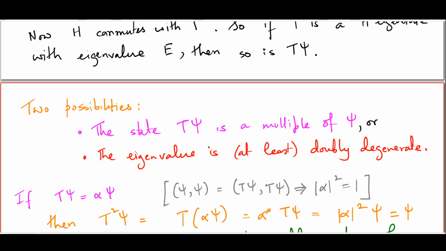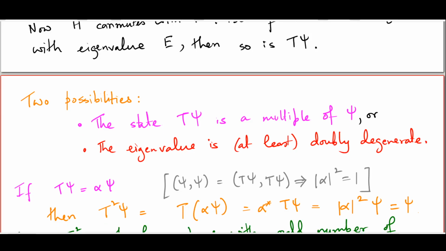Now consider the situation that we have talked about just now: a system with an odd number of half-odd integer spin particles. Then, if T psi is actually a multiple of psi, that is, T psi is alpha times psi, remember that because T is anti-unitary, which is also norm-preserving, T psi must have the same norm as psi, and that leads to the conclusion that this alpha must be a pure phase factor.